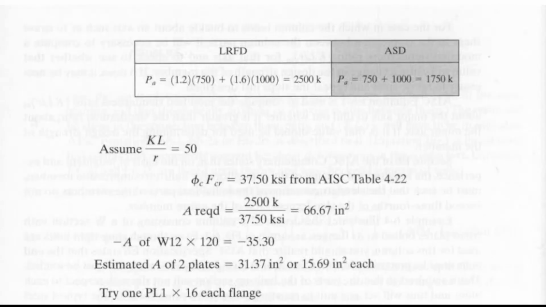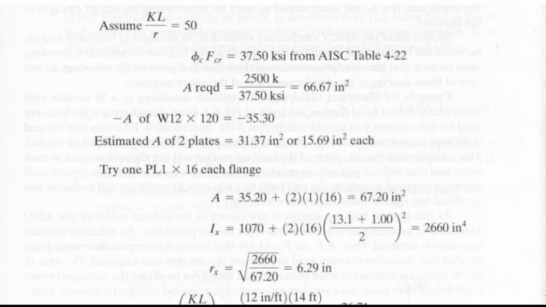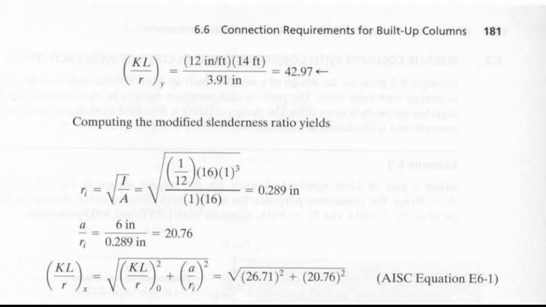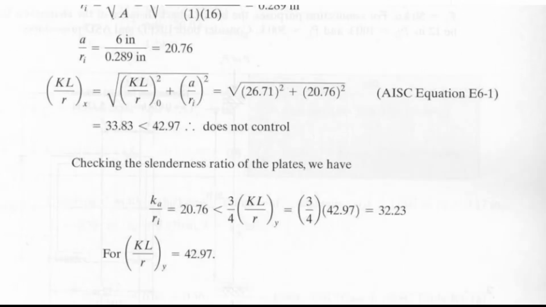An example, as you can see, everything is a familiar formula. Here is the Pythagorean theorem for the modified effective length over radius of gyration ratio.